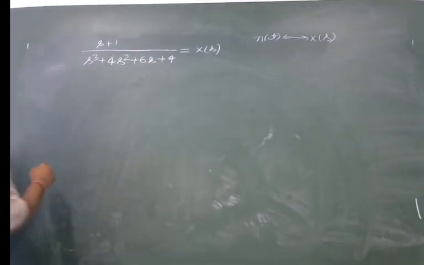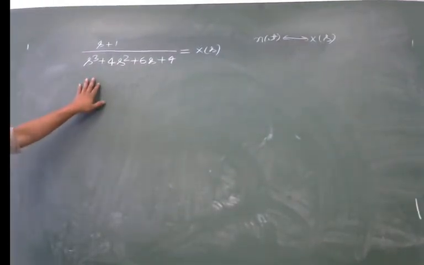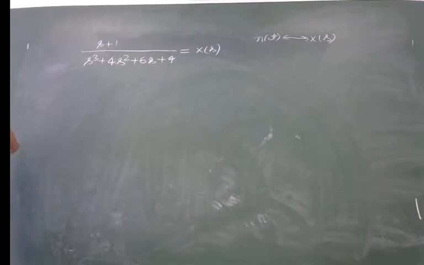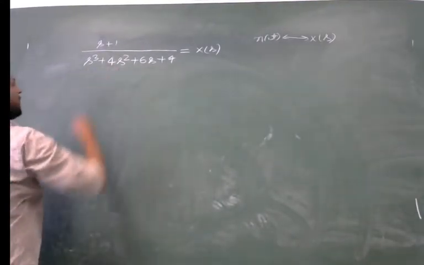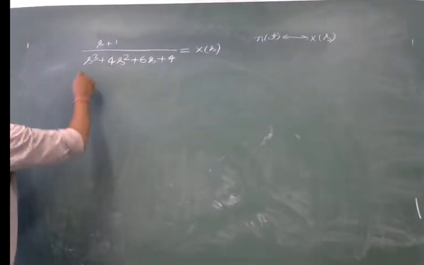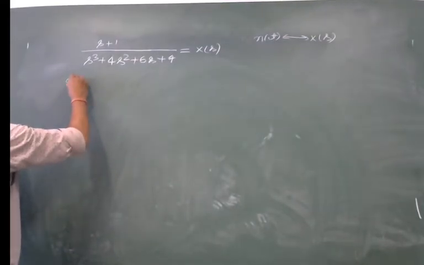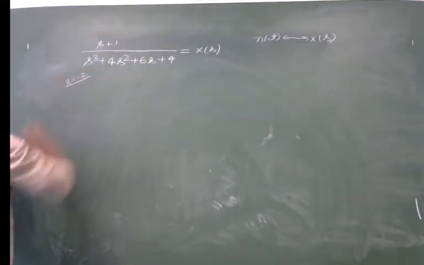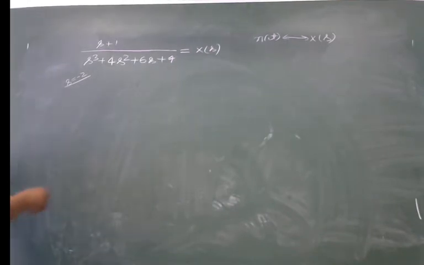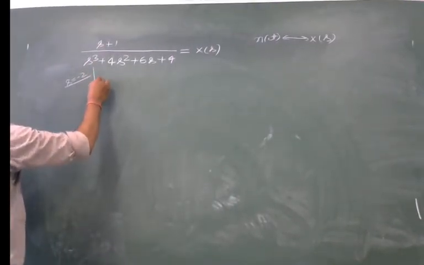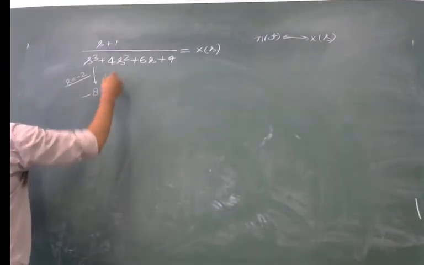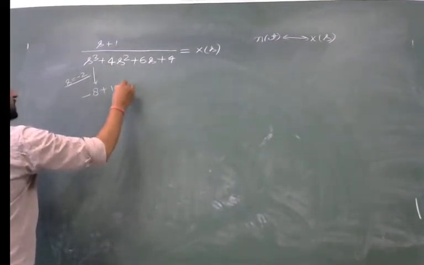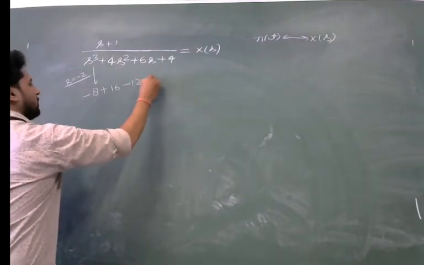Because it is a cubic expression, we have to use the trial and hit method for different values of s. So I will select a value of s for which this denominator becomes 0, and s equal to minus 2 will satisfy this condition. If I put s equal to minus 2, this will become minus 8 plus 4 into 4, 16, minus 12 plus 4.